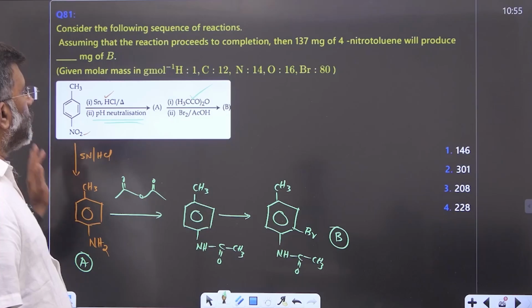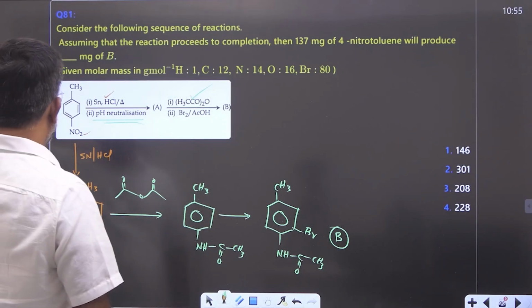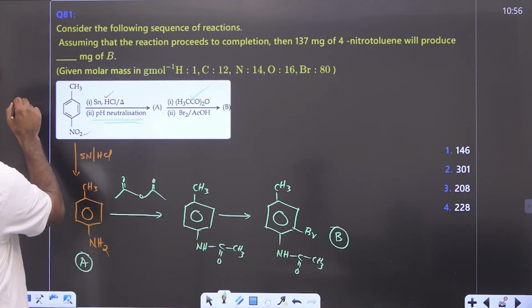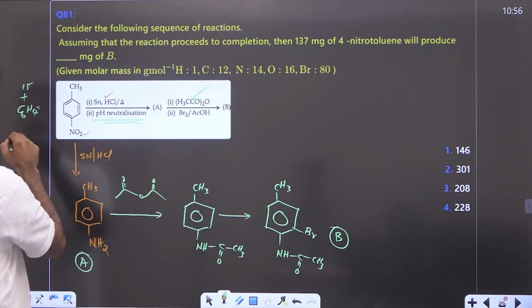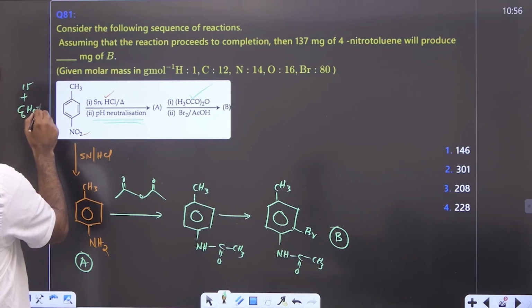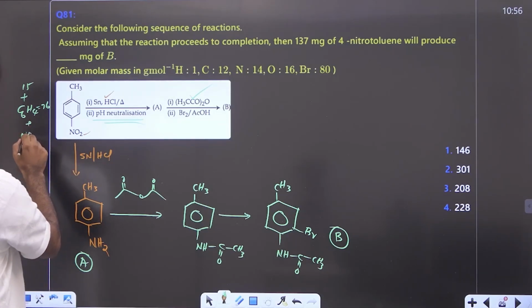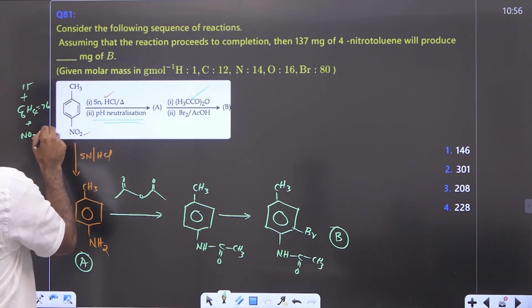Now, starting with 137 mg of this, how much do you get? Let us figure out the molar mass of this. C6H4 with CH3, 15, gives 76, and NO2, which is 14 plus 32, that is 46.